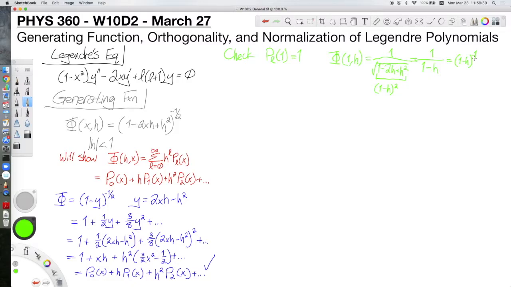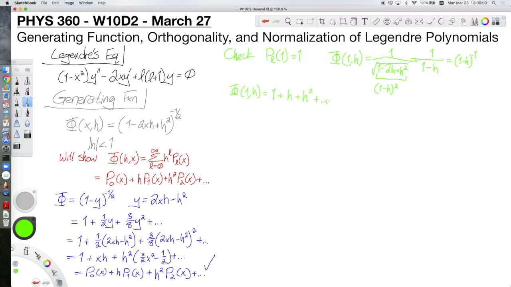So using our binomial series expansion, we get that phi with 1 for x gives us 1 plus h squared plus, and so on.